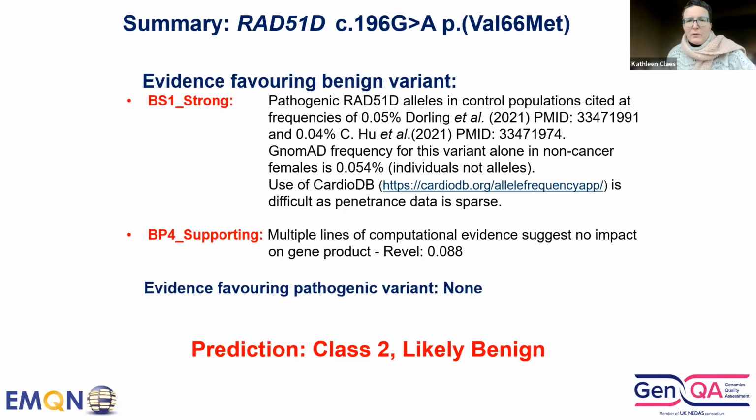But very recently there were 2 interesting papers published on case-control studies in the New England Journal of Medicine, and there they found that pathogenic RAD51D alleles in control populations are present at 0.05% in one study and 0.04% in the other study.